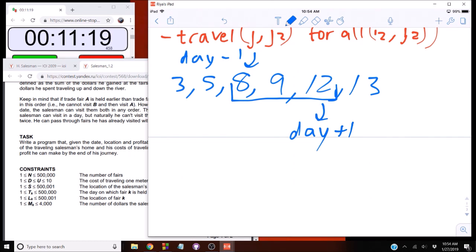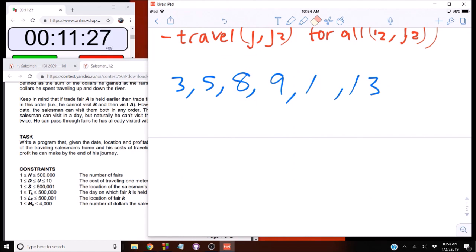Option 1 is you start somewhere and you travel to the right. Option 2 is you start somewhere and you travel to the left.